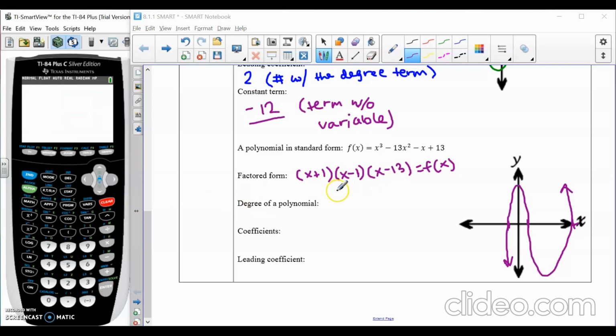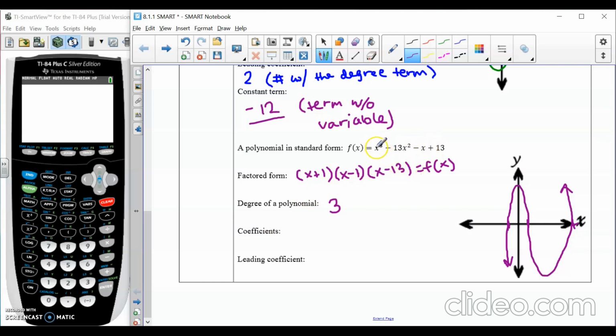Now this portion is just like we did above. The degree of the polynomial is the highest exponent on an x. For us, that's this term right here, and the exponent itself is 3. For coefficients, it's the number in front of all the terms with an x.